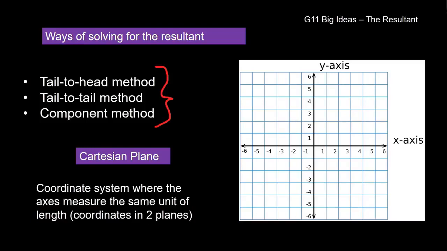You've seen this before in mathematics, so it should be familiar to you. You'll see that it has two planes, the x-plane and the y-plane. So we're talking about the vertical plane and the horizontal plane, and we use this when we solve problems to find the resultant vector or the resultant force.